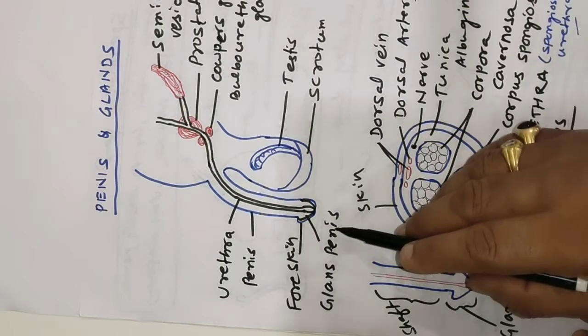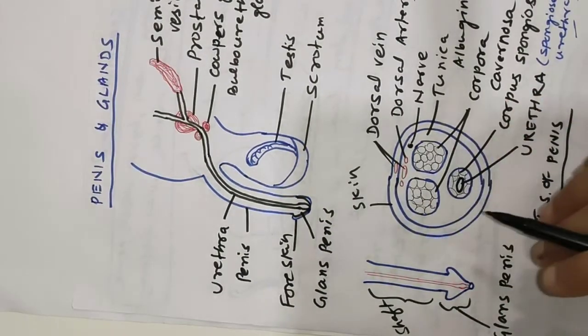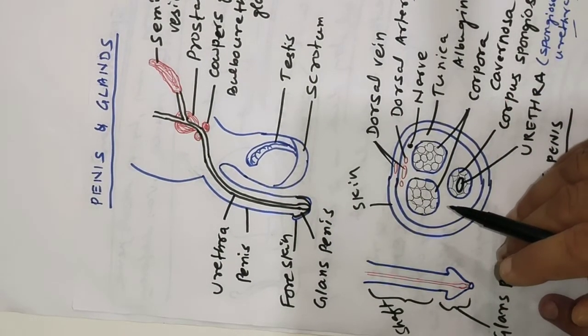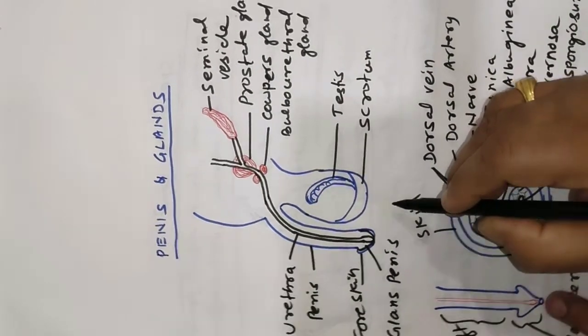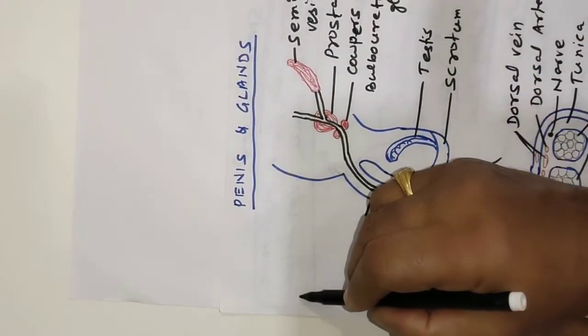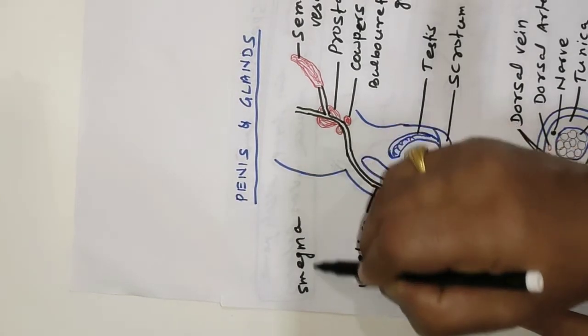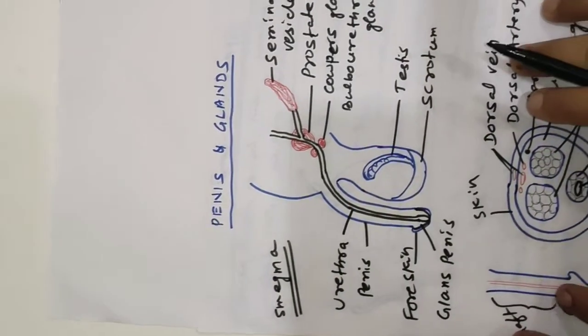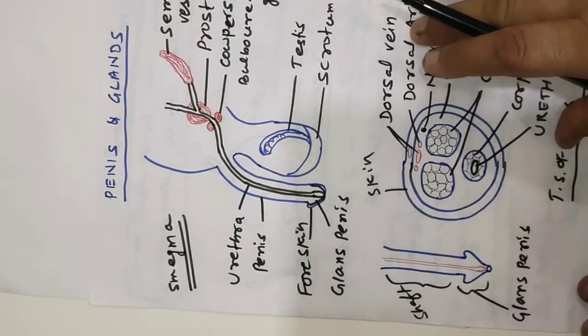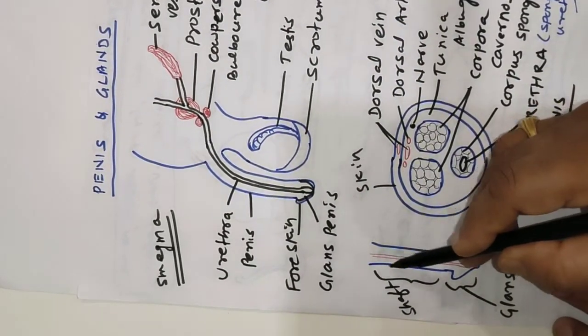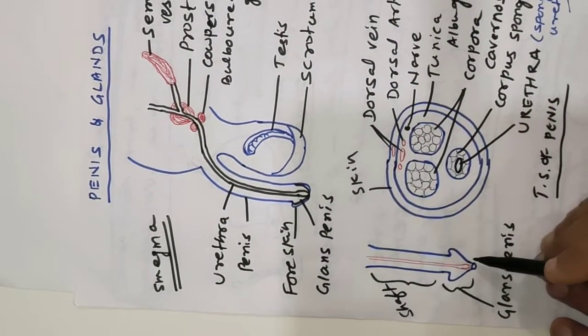It secretes a white sebaceous or oily secretion called smegma. Clear? The penis consists of shaft and the glans penis.